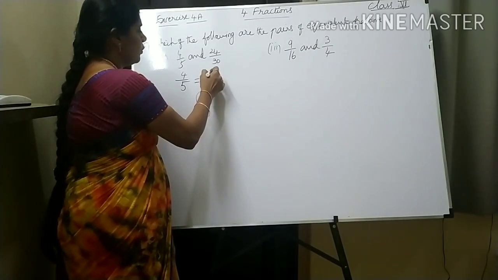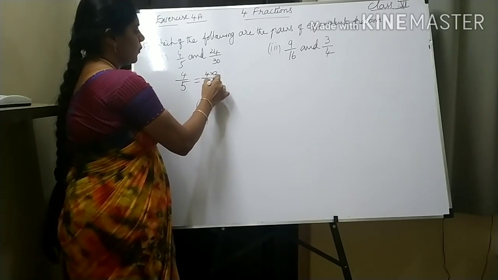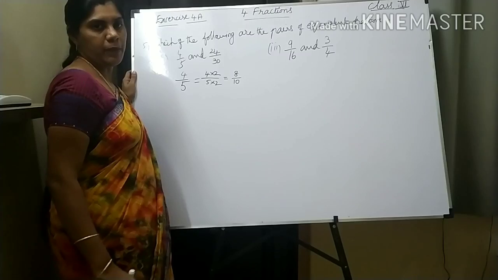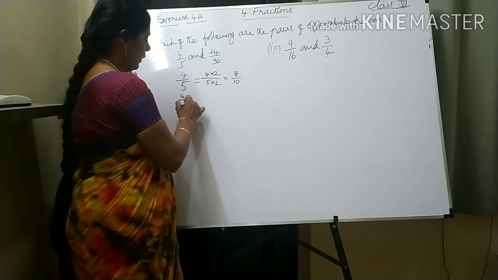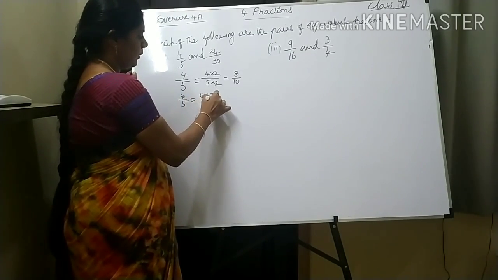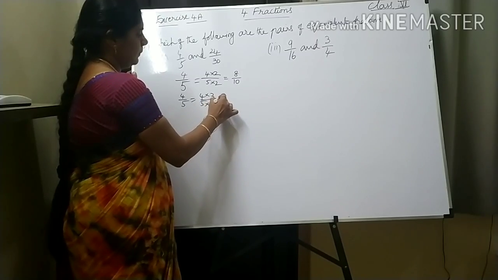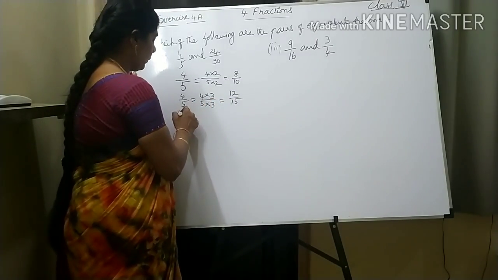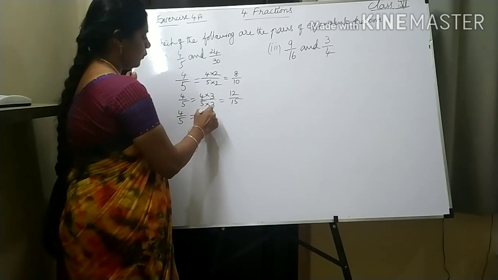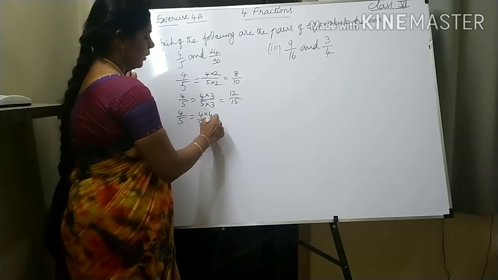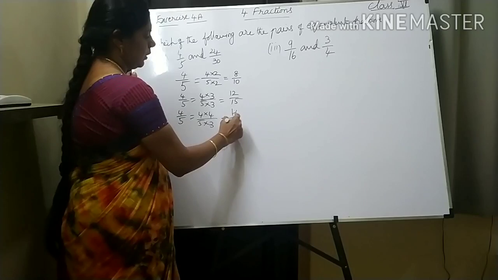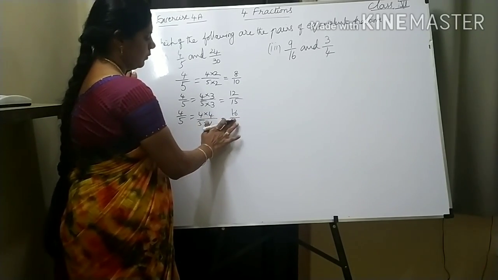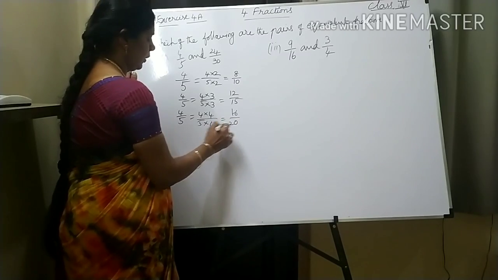I am starting with 2. So 4 into 2 is 8, 5 into 2 is 10, so 8 by 10. 4 by 5 is equal to 4 into 3 by 5 into 3, that is 12 by 15. Again 4 by 5 is equal to 4 into 4, 5 into 4: 16 by 20.